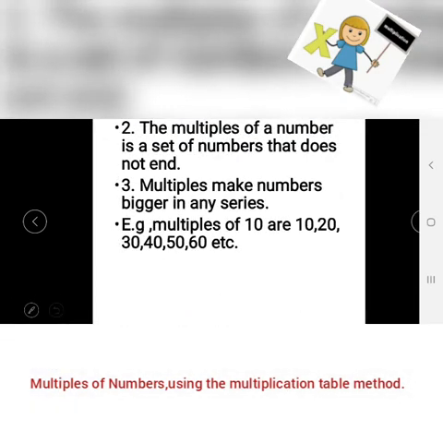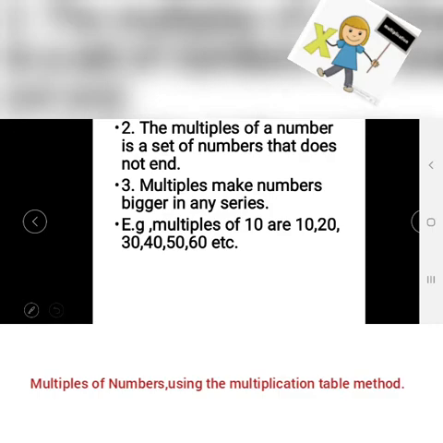Second point to remember, the multiples of a number is a set of numbers that does not end. They do not have any end. Now, if I want to do skip count of 2, I'll say 2, 4, 6, 8, 10, 12, 14, 16, 18, 20, 22, 24. It goes on without end.